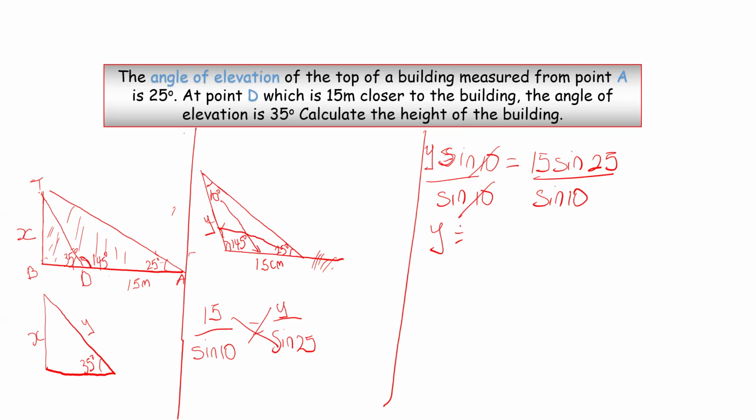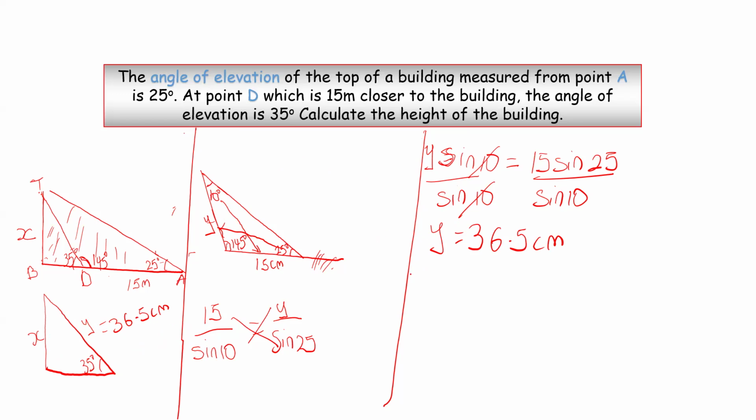So y should be, to one decimal place, 36.5 centimeter. So now we have 36.5 centimeter here. So we can easily use trigonometric ratio to find x.